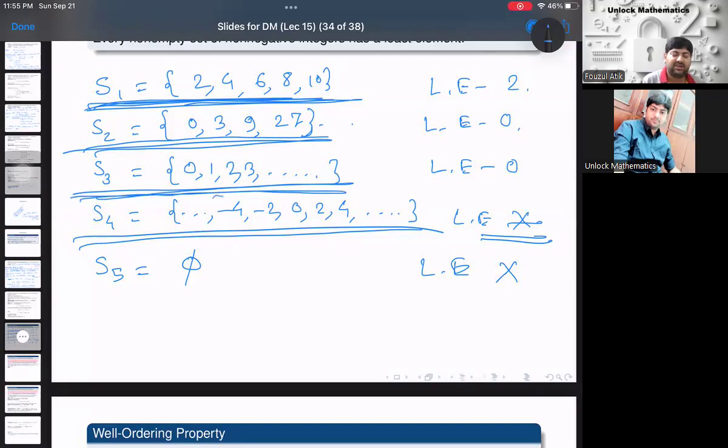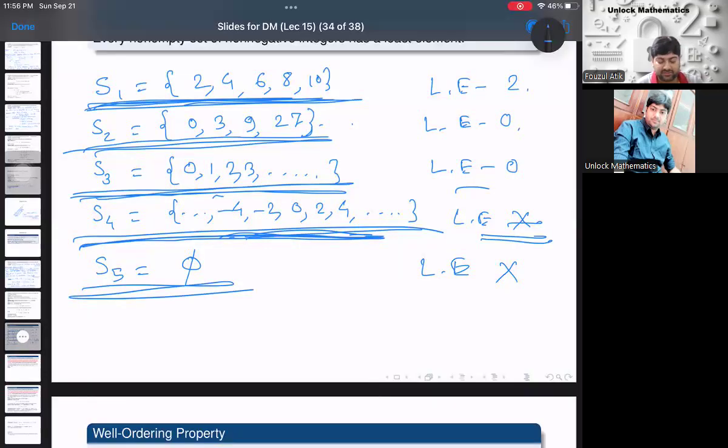But in the set that includes negative numbers as well, you cannot give a guarantee. In this case the least element does not exist, and in the empty set also it does not exist.